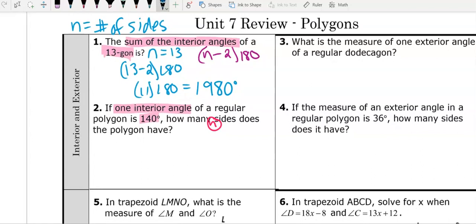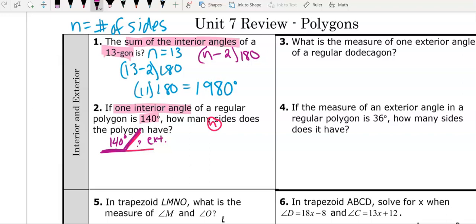So the quick way is, if we have a shape, and this is one of the angles of our shape, and it says the interior angle is 140 degrees, if we can find the exterior angle, then we can divide 360 by that exterior angle and find n.